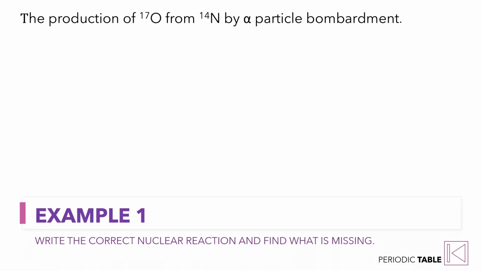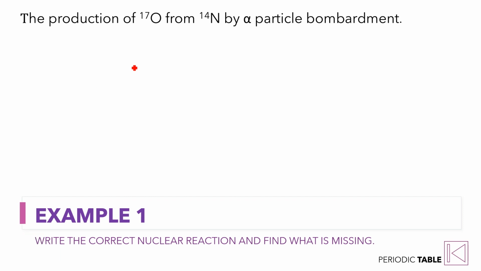So the production of an oxygen 17, but there is no atomic number given. To know the atomic number, you just need to look at the periodic table. That's the way to go.